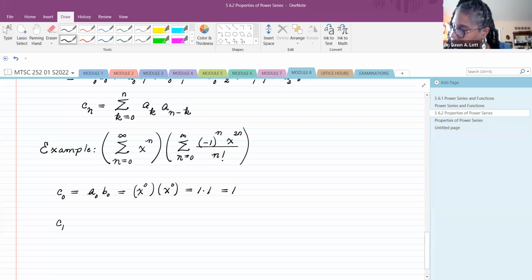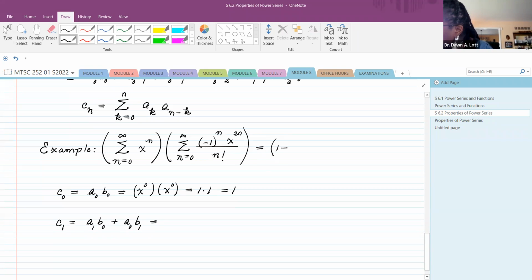So C1 is going to be A1 times B naught plus A naught times B1. Okay, so the second term, so basically this is what we have.